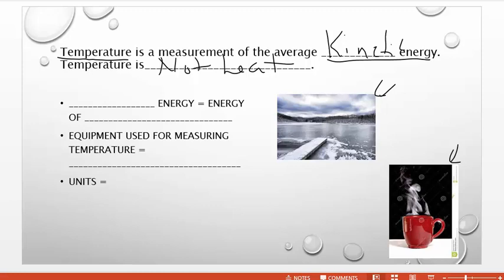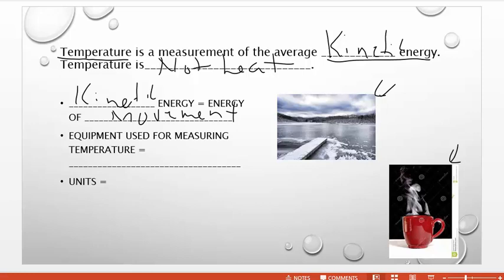Temperature is a measurement of the average kinetic energy of the substance. And kinetic energy is energy of movement. So kinetic energy is energy of movement.